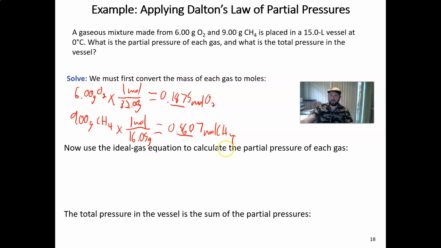The second part is to use the ideal gas equation to calculate the partial pressure of each gas.